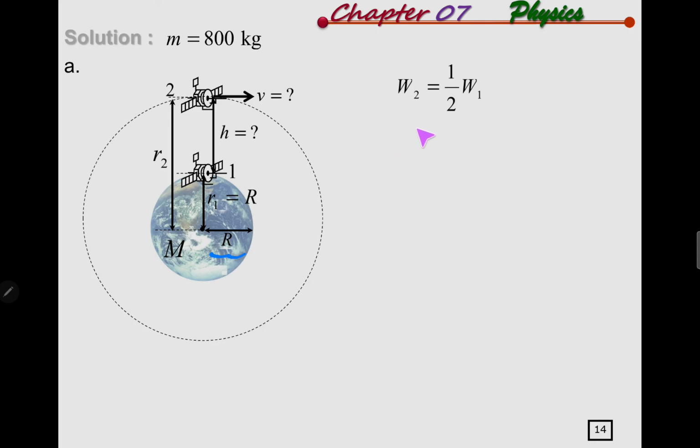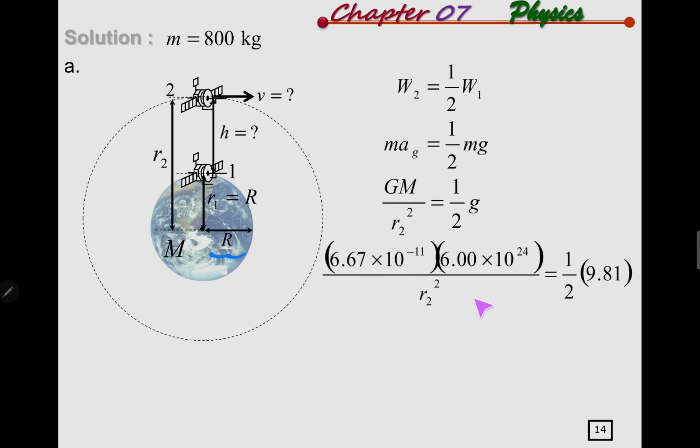The weight at this second point becomes half of the initial weight. So if we expand, it will become half of the initial weight. Therefore GM over r squared is equivalent to half of g.